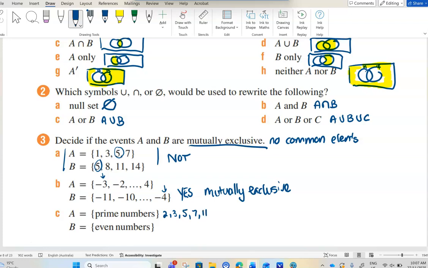But if I do even numbers, isn't it 2, 4, 6? So is there going to be a common one? We can already see a common one, can't we? Which is 2. So is this mutually exclusive? It's not mutually exclusive. Okay, so let's stop that there.